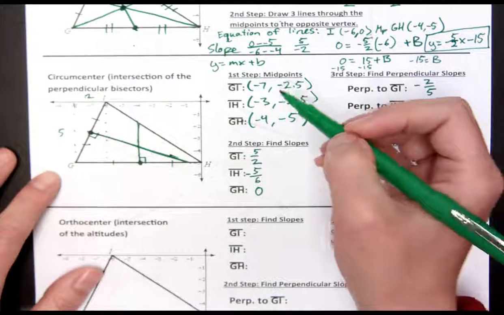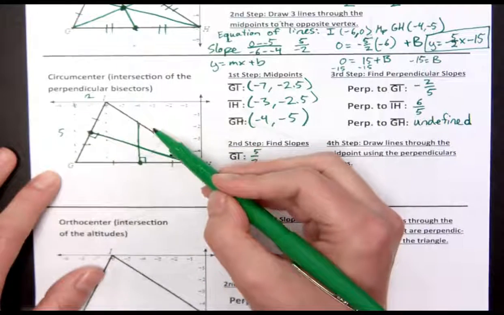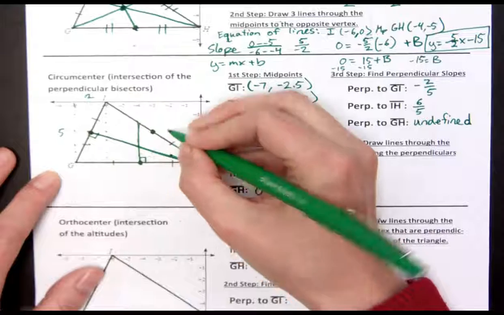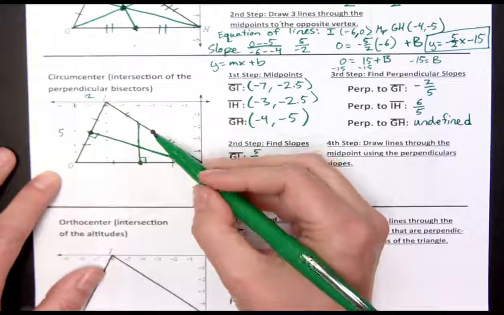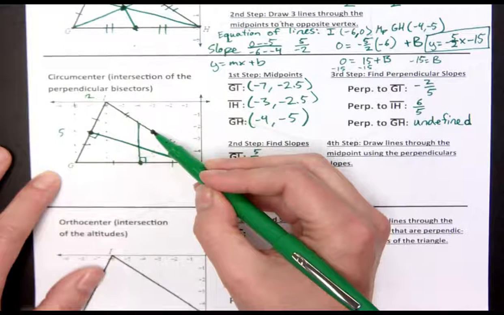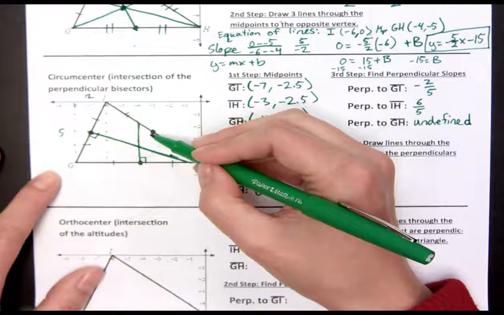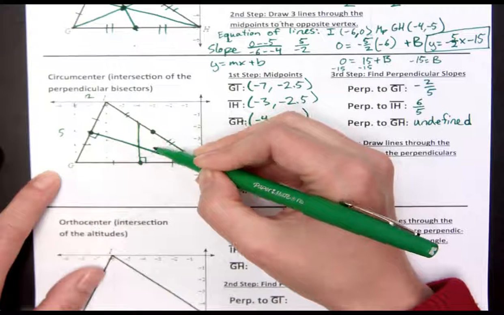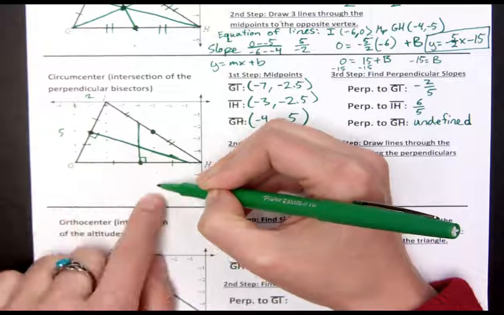Then I find my midpoint of IH, which is -3, -2.5. And I count out my slope, so if I'm coming -3 down 6, that's going to be fun. So, okay, if I can't do 6, I can do two things.